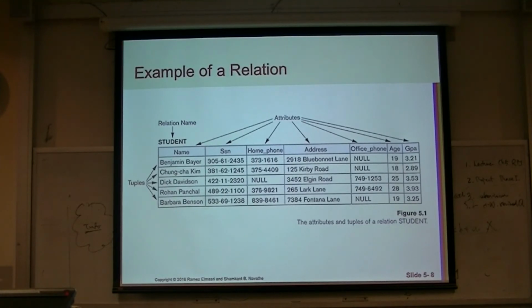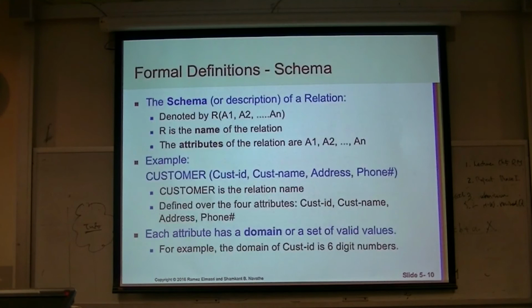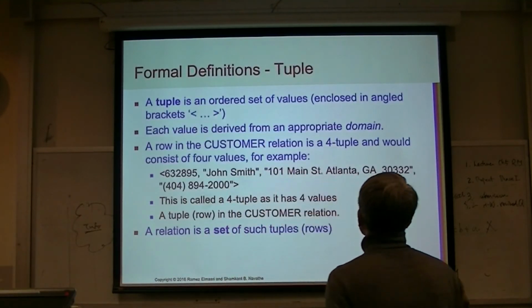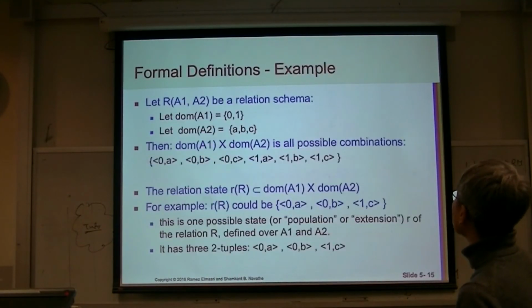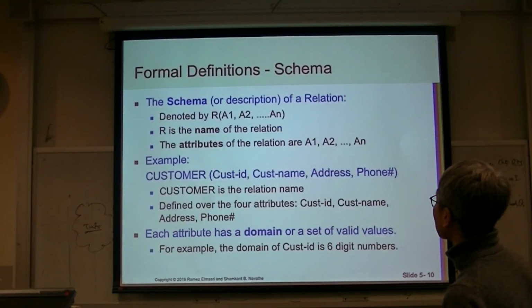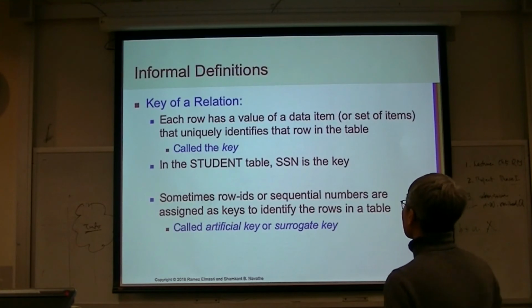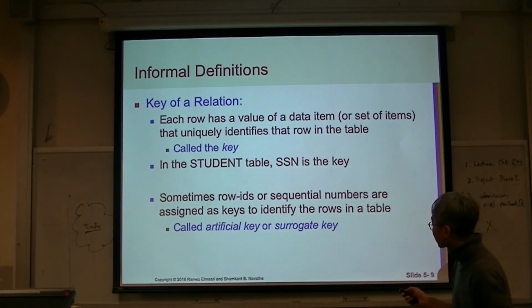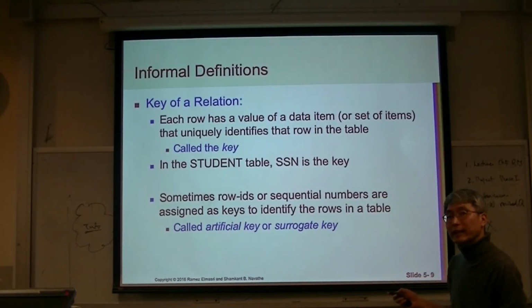So when we define a key, let's see, later I will show you. I think that we need to go through this one. That's the key. Sometimes such a key is not given.